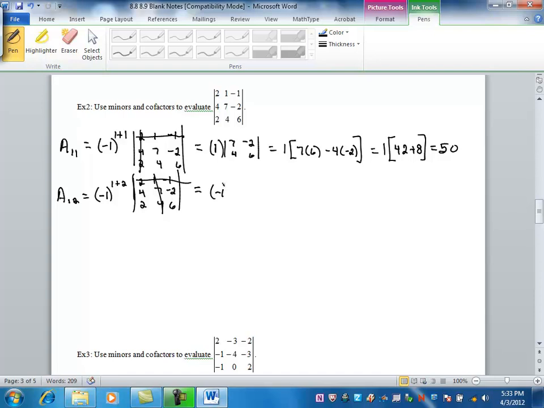Well, folks, that's -1 times the determinant of the matrix that looks like 4, -2, 2, 6. So what we've got here is -1 times 4 times 6 minus 2 times -2. And we think about what we have here. -1 times 24 plus 4, we're looking at -28.